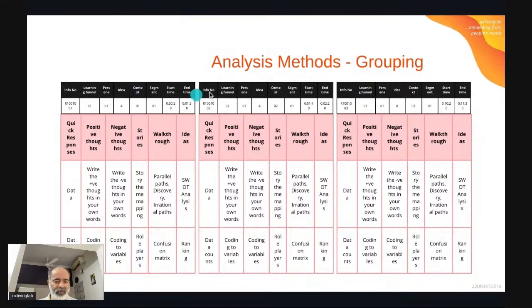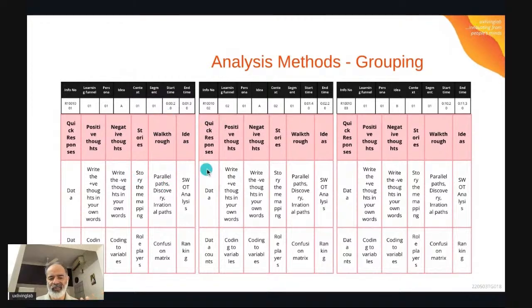Maybe you are grouping based on your idea, that is, what all the respondents are talking about: idea A, idea B, idea C, or context 1, context 2, context 3. Like that, you have to group. So different ways you can group. The same categories are used here, that is, segments, context, idea, persona. So in that way you can group.